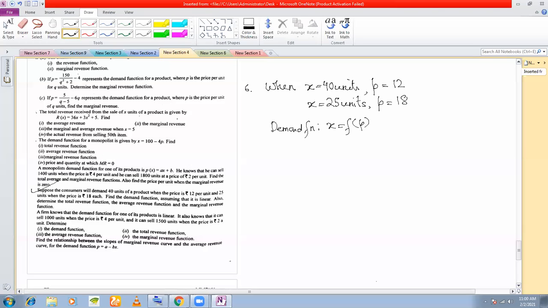The question is, in this question, they have not given you the demand function. They are asking you to define the demand function. The next part says find the demand function assuming that it is linear. Now, what do you mean by linear?